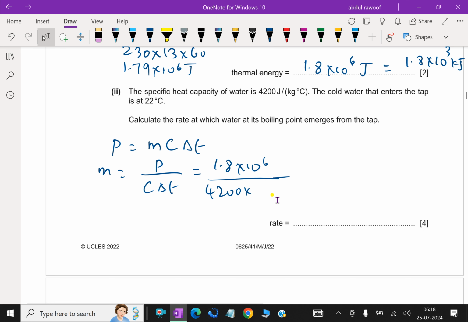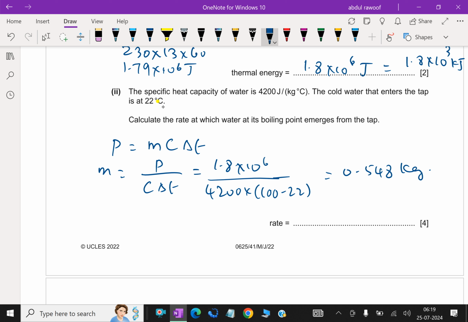Delta T is the change in temperature, that is 100 minus 22, which is equal to 0.548 kg.